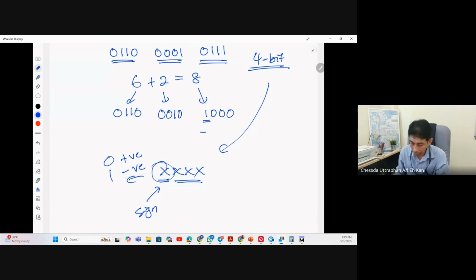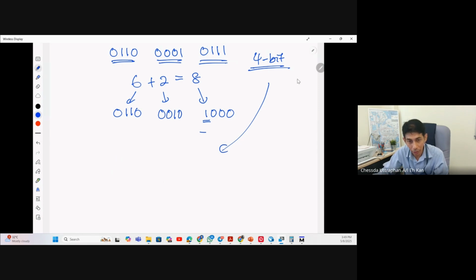This is negative. This is not positive 8, but negative something, right? Because the sign clearly shows that this is a negative number. And this is positive 2. Is this correct? Because this is positive, this is positive 2. This is positive 5. But this is negative, right? Not positive 8 in a 4-bit system.